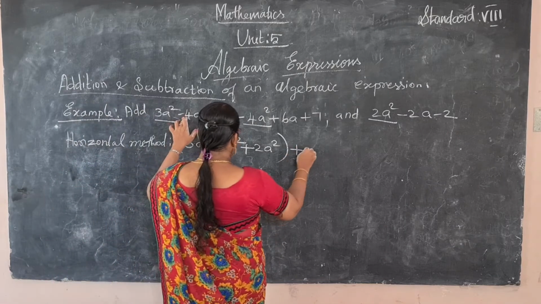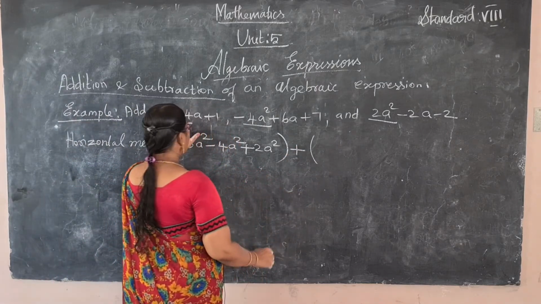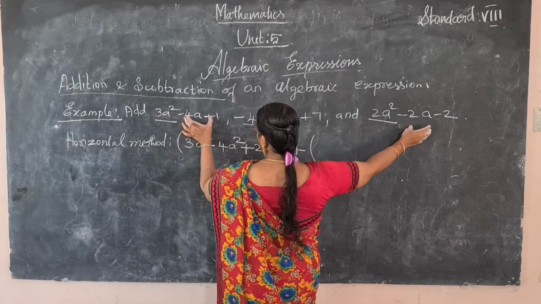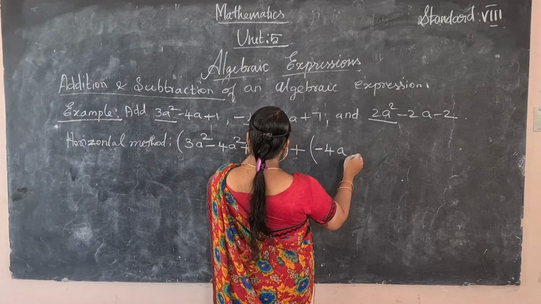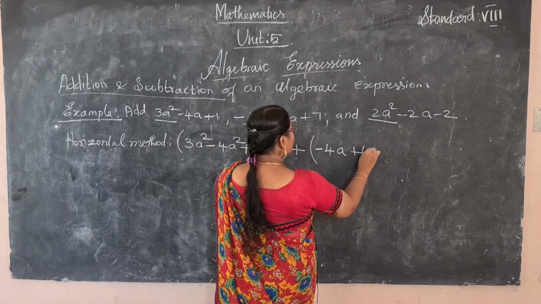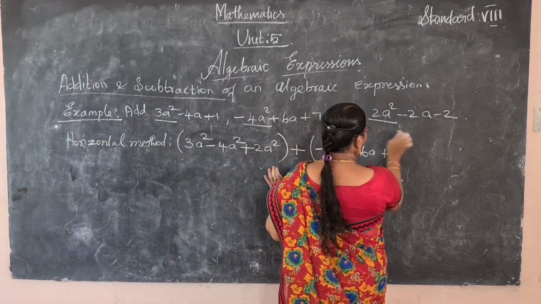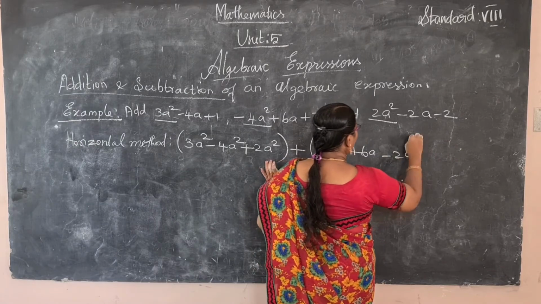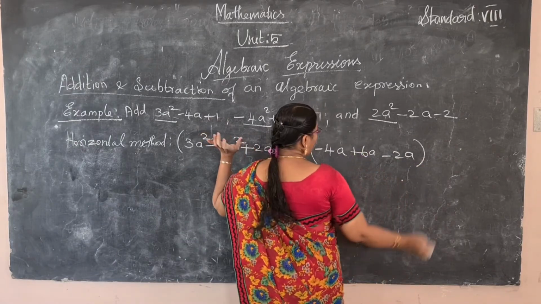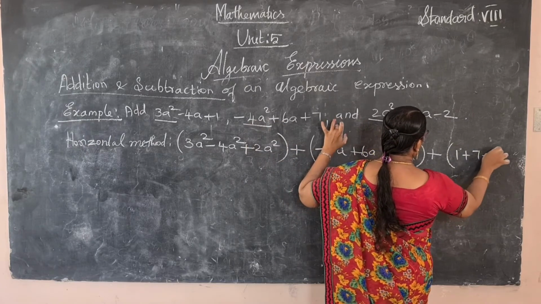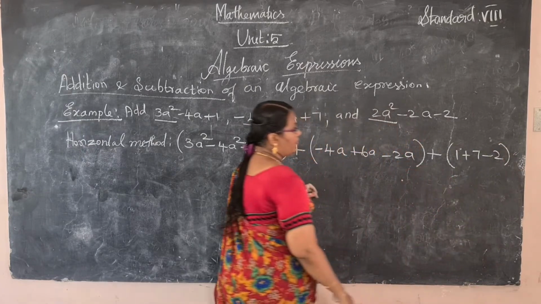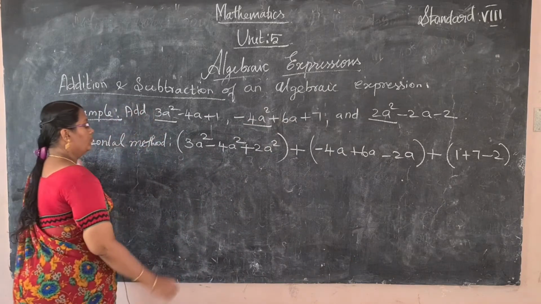Then we arrange the next like terms: minus 4a, from the second one plus 6a, and from the third minus 2a. And next the constant terms: 1 plus 7 minus 2.